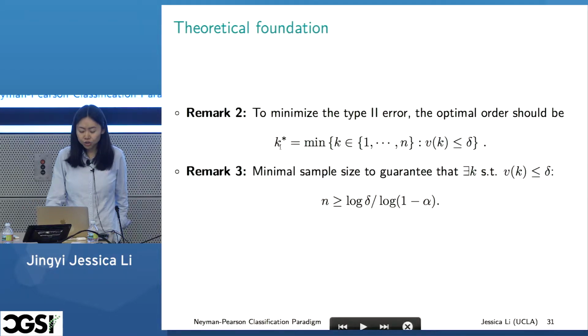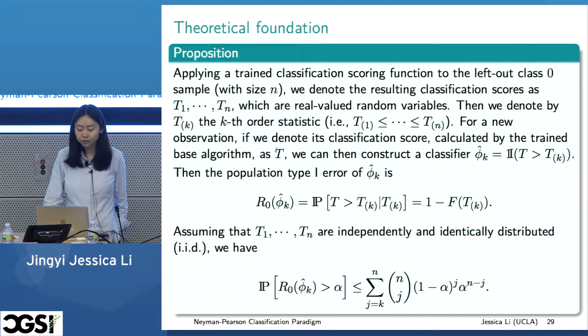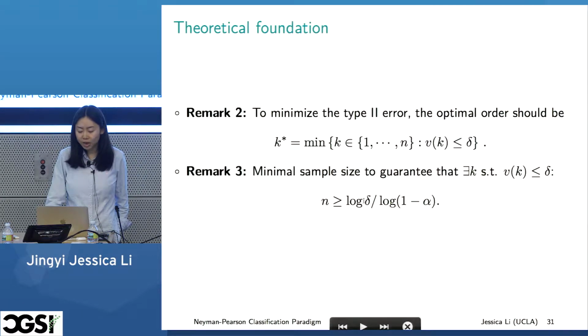Another nice conclusion from this result is that we can solve a sample size problem. Basically, if we want this Vk violation rate to be less than or equal to delta at least for the largest k, which is m, then we can reversely solve for the sample size we need to guarantee the control.